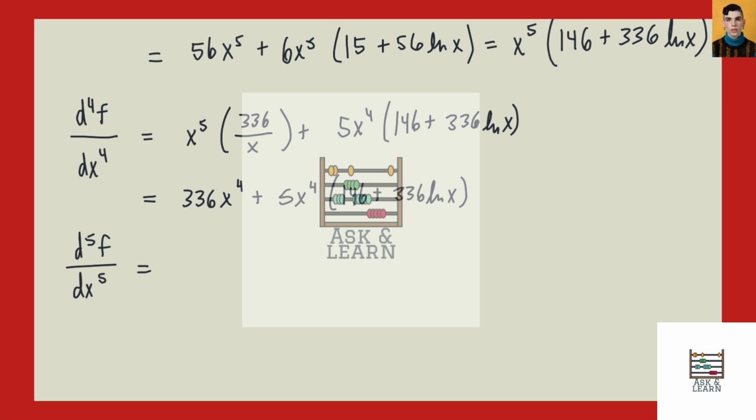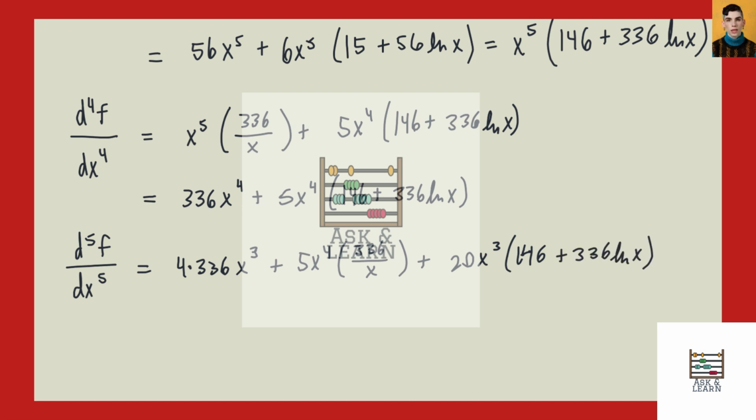So we have 4 times 336 times x cubed plus 5x to the 4th times 336 divided by x plus 20x cubed times 146 plus 336 natural log x.